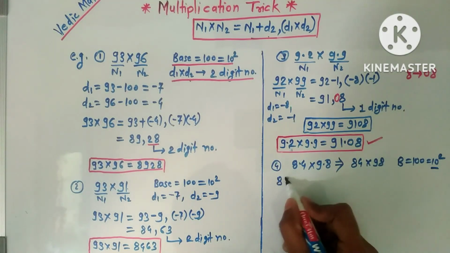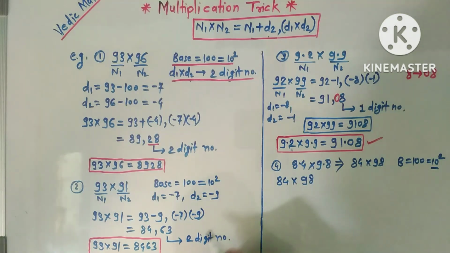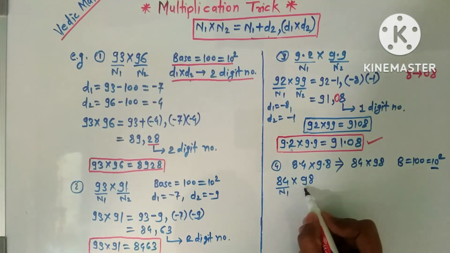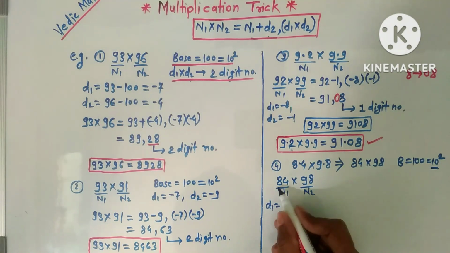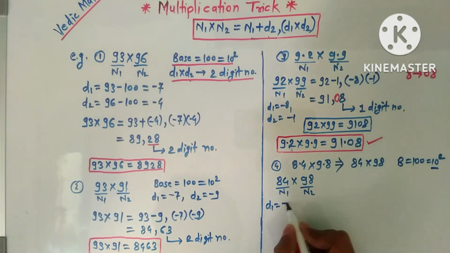So here 84 into 98. Now here 84 is N1, 98 is N2. So what is D1 here? 84 minus 100, that means minus 16, and D2 is 98 minus 100, that means minus 2.